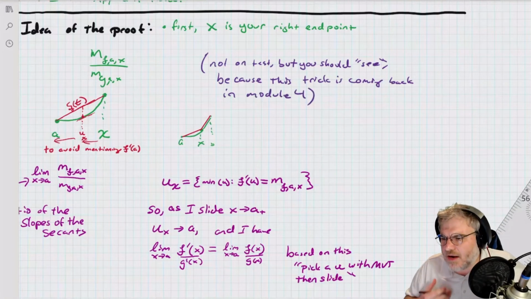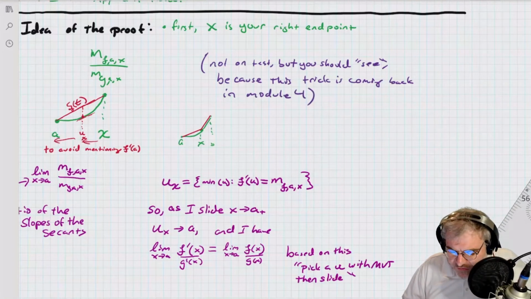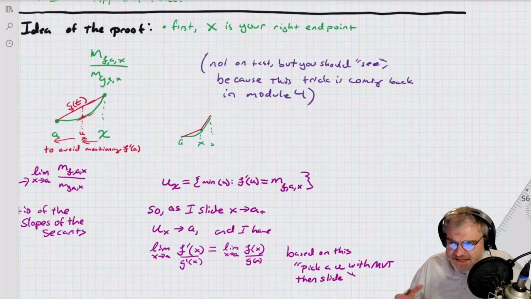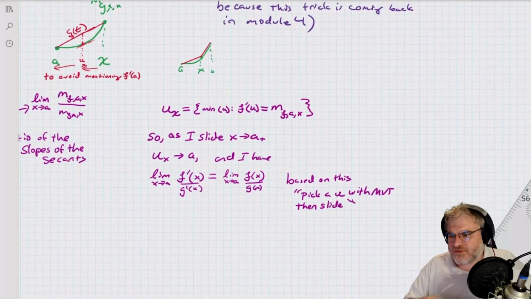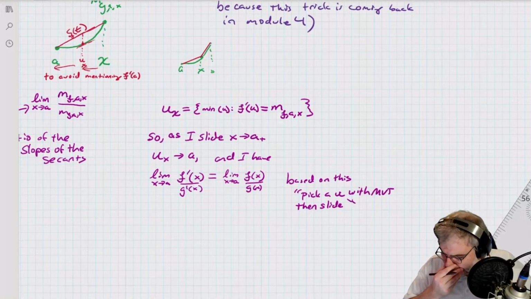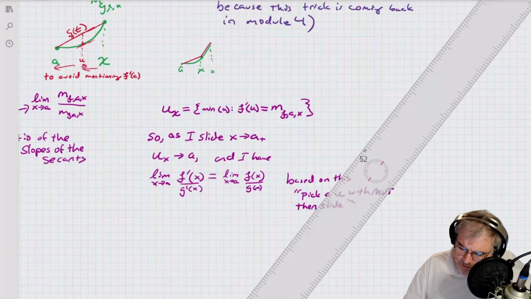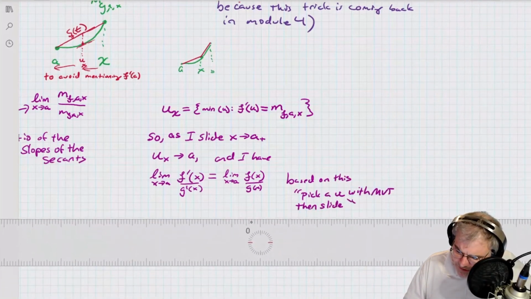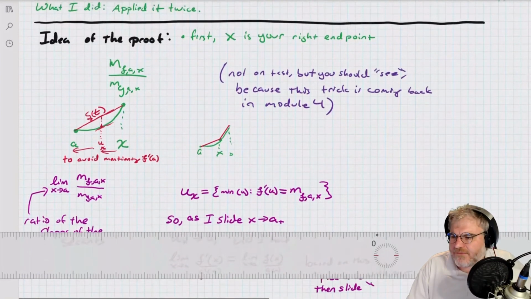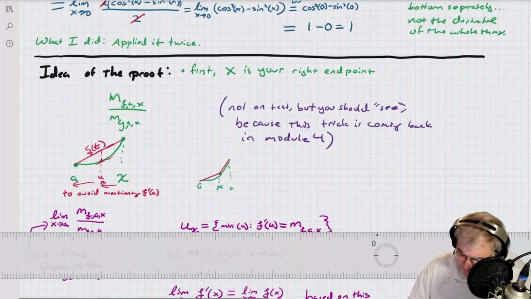I don't want you to spend time worrying about this now, but I do want you to watch the video and see the idea of sliding, because this trick is going to come back again. It'll be a simpler version of the trick, and I'll explain it in much more detail, and we'll actually do all the little details. Okay. I just wanted to do a little aside on that because this idea of using the MVT to polygon something is coming back.